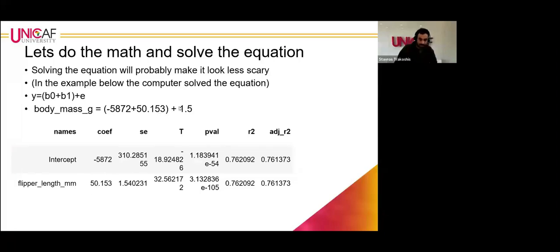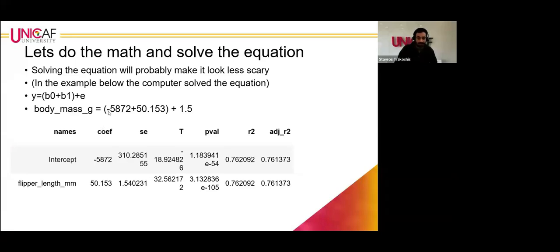And I have some amount of error. This is the standard error of the beta coefficient from this part of the model. And this basically means that if I had a penguin with a flipper length of 0, which is impossible to measure because no such penguin exists, I will have a body mass of negative 5,872 grams.